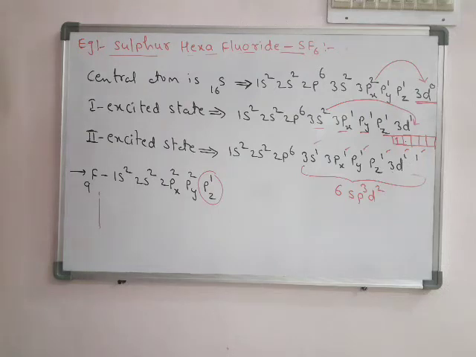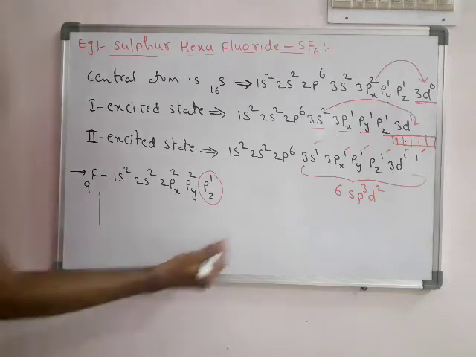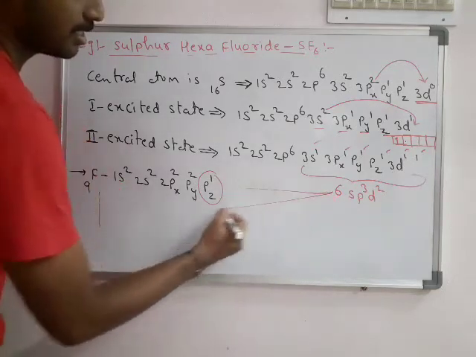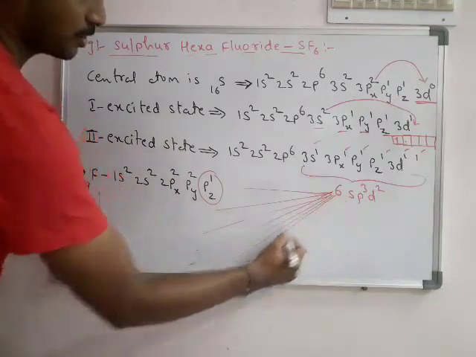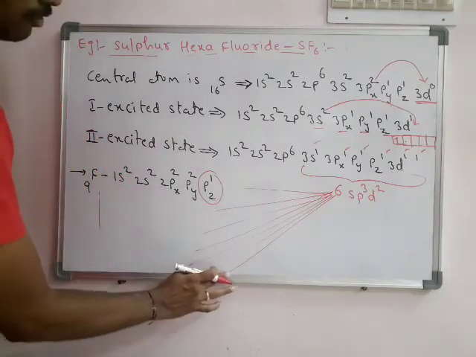These look very easy, but when you try to write the questions, it becomes somewhat critical. That's why you need to understand perfectly. Means now these 6 overlap with the 6 fluorines.